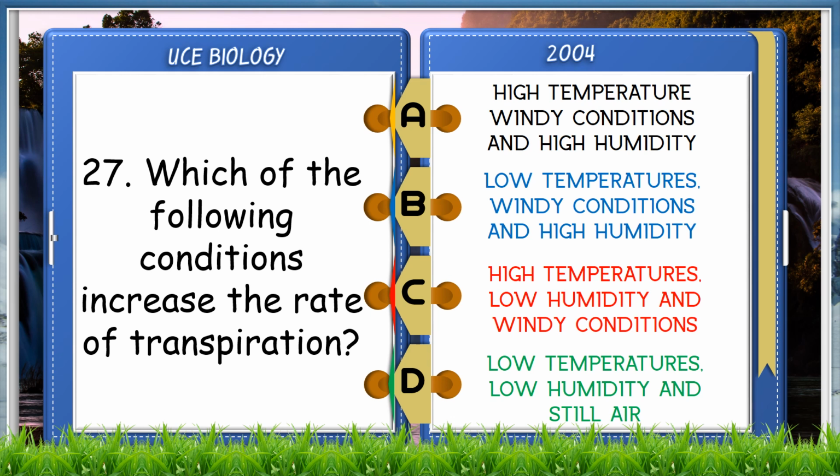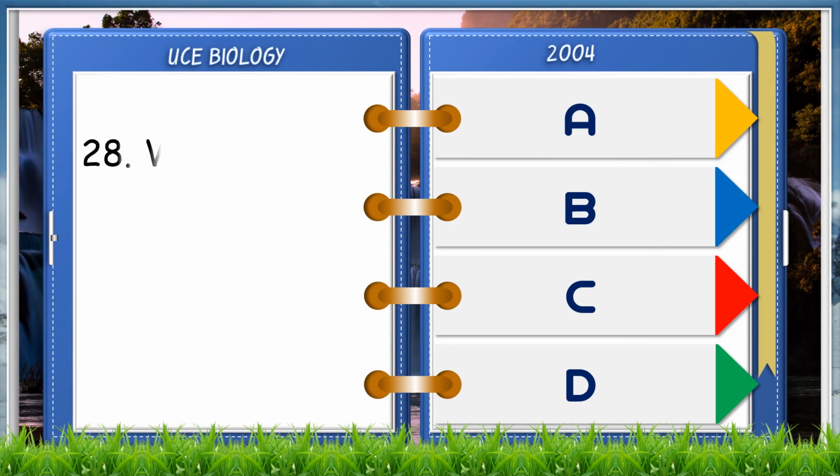D. Low temperatures, low humidity, and still air. The answer is C. High temperatures, low humidity, and wind conditions.